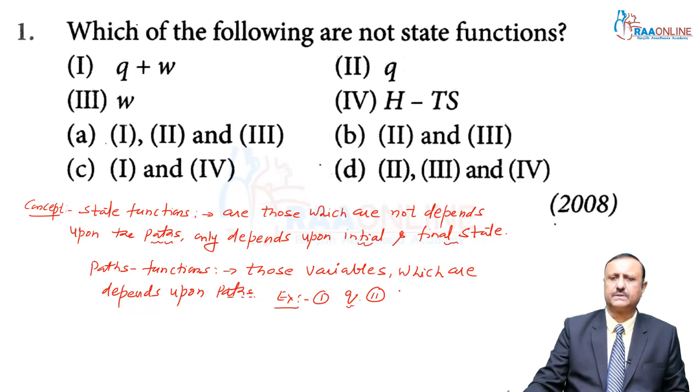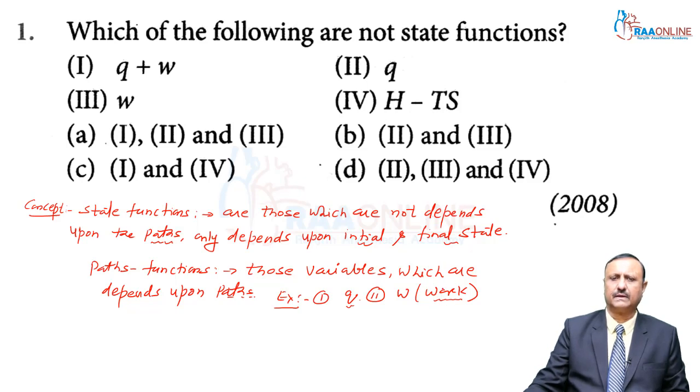Now we see W is the work, my dear students. When work is done in 1 meter or 2 meters, it depends upon the path. Your car is working, and you drive your car 1 kilometer, then work is done in 1 kilometer, and the piston works in 1 kilometer.